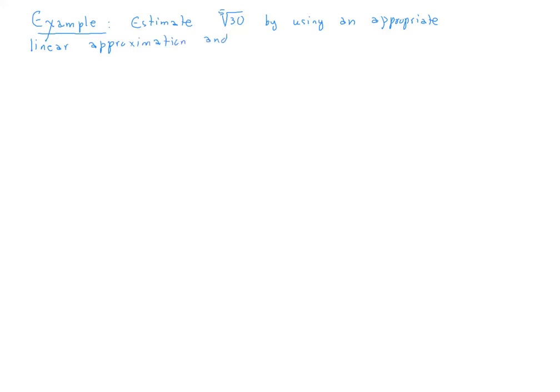So as a second example, estimate the fifth root of 30 by using an appropriate linear approximation, and express your answer in the form A over B, where A and B are natural numbers.